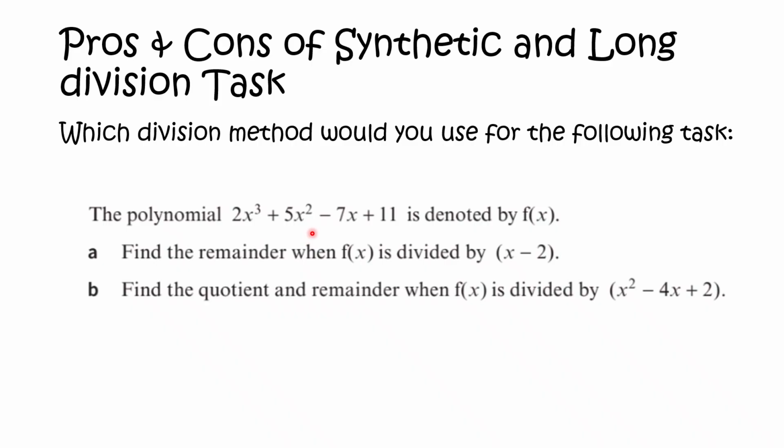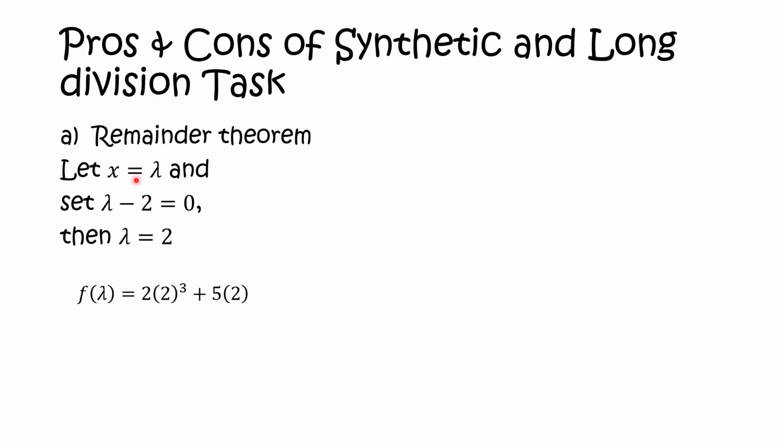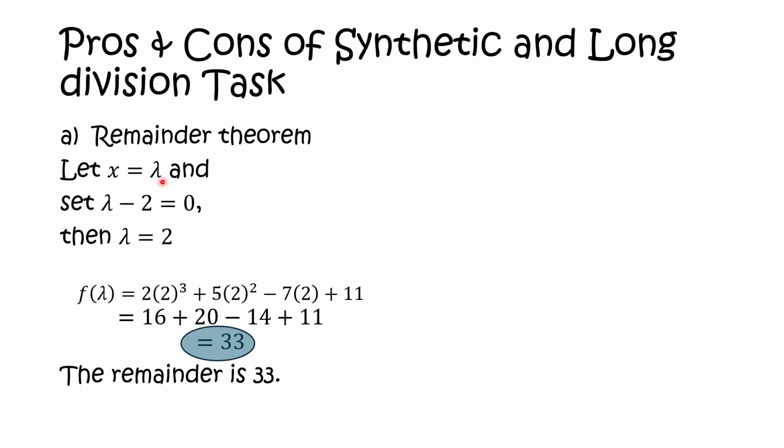With part A here, we are asked to find the remainder. Of course, we can use the synthetic method, the long division, but why should we go all that far when we can use the remainder theorem? So in this case, we use the remainder theorem. Recall how we use the remainder theorem. If you don't know or if you've forgotten, check out our remainder and factor theorem video.